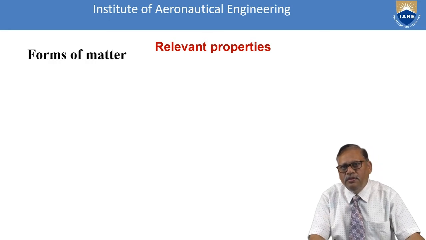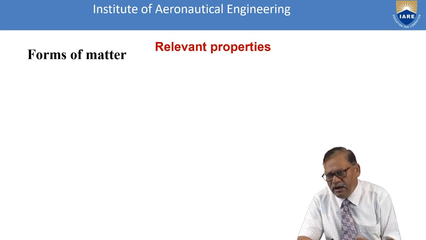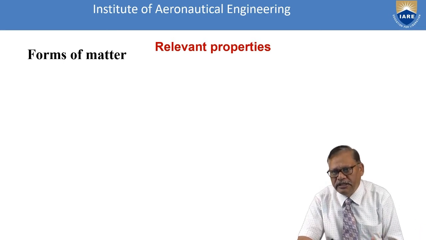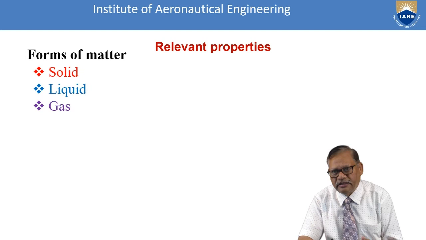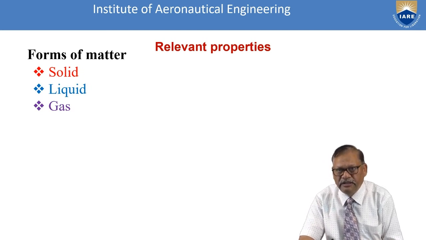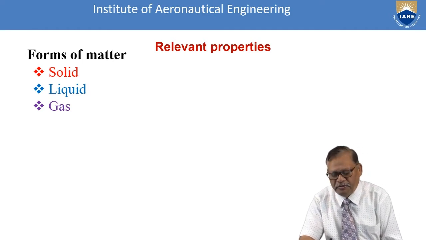So what will we do? We know there are some forms of matter. How many forms do we know? Solid, liquid, and gas, right? These three are very commonly used, and this is okay for us up to supersonic speed.